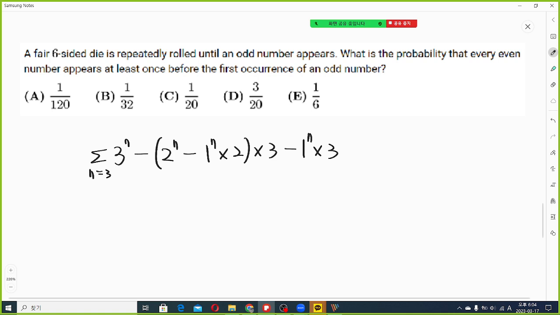I mean, before an odd number appears, there may be an infinite number of trials. And the total number of cases, if we try n times, is 6 to the nth power because there are 6 numbers. So if we want to find the probability, we need to divide this by 6 to the nth power.